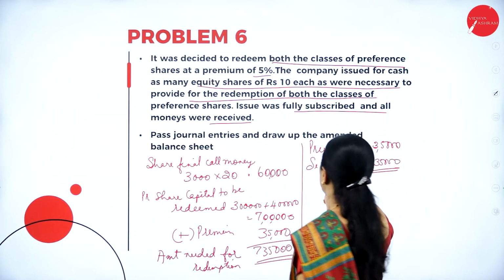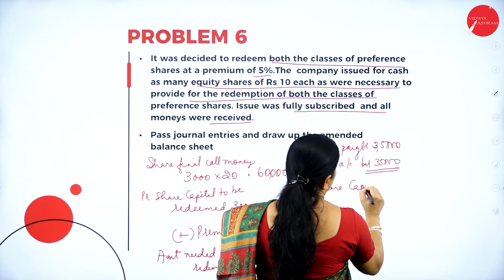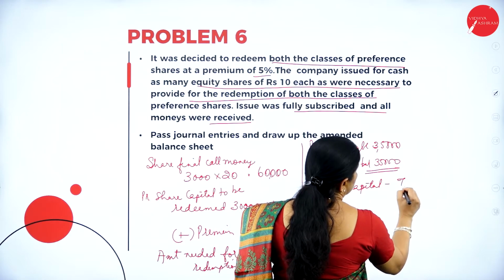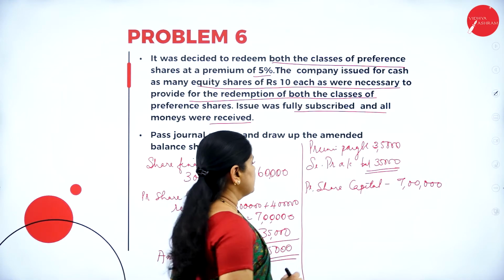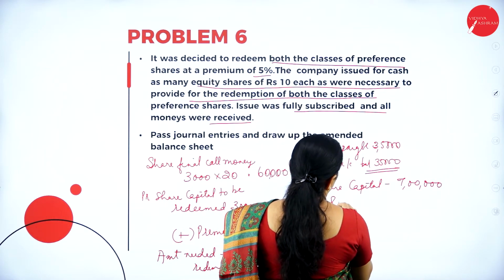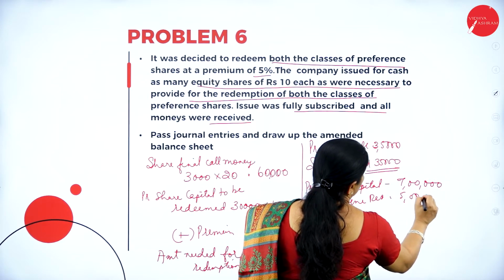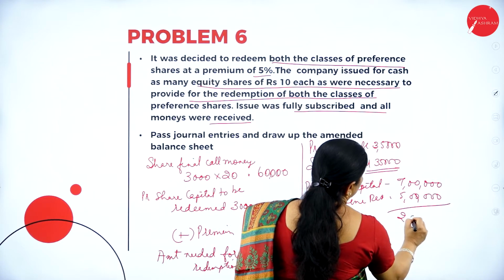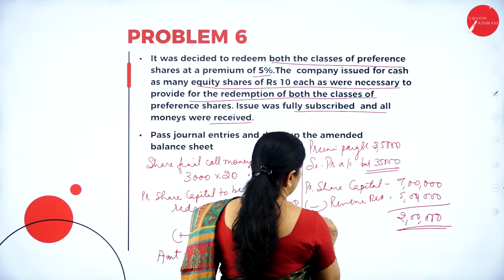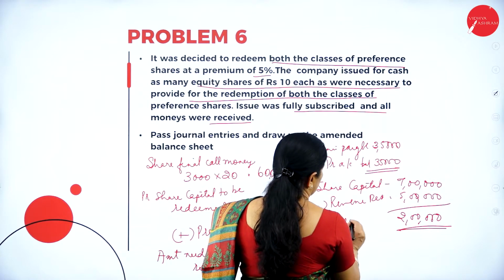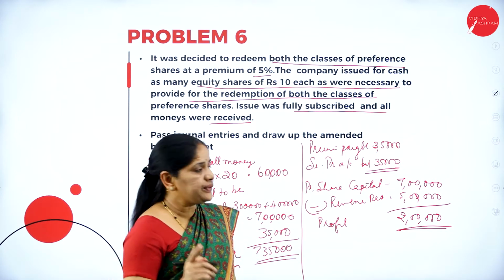So we have the preference share capital totally 7 lakhs. Now out of the 7 lakhs less revenue reserve 5 lakhs. So what is the rest of the money? 2 lakhs.